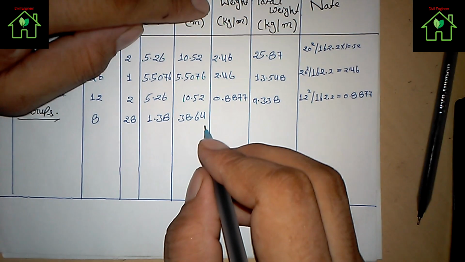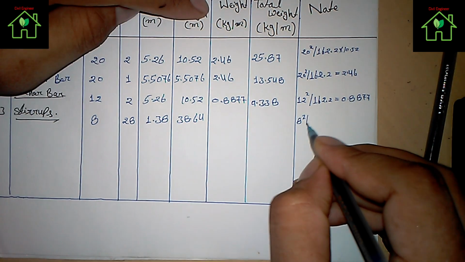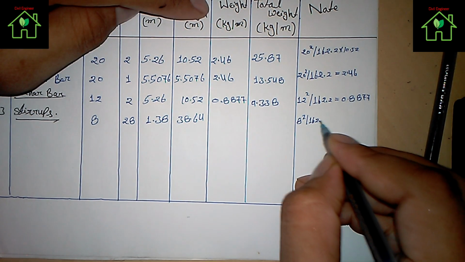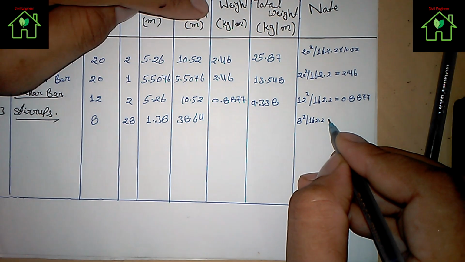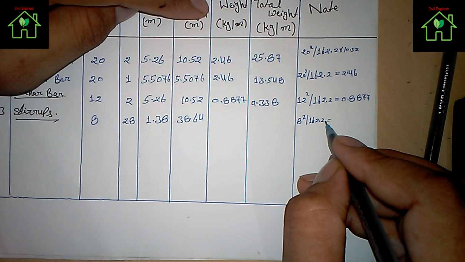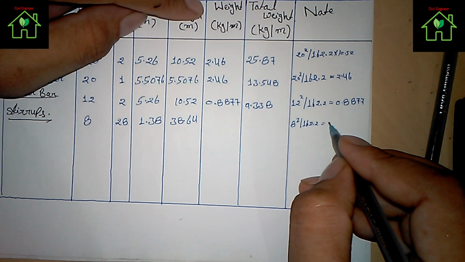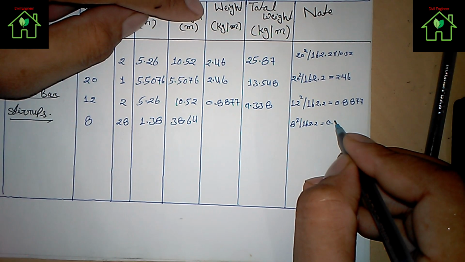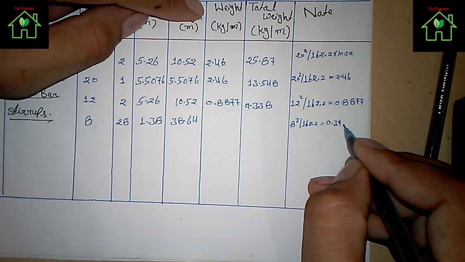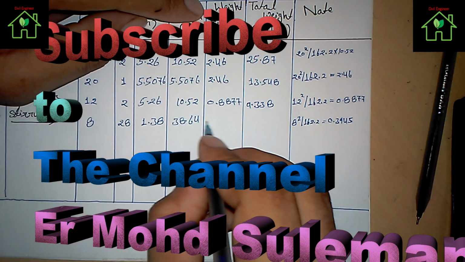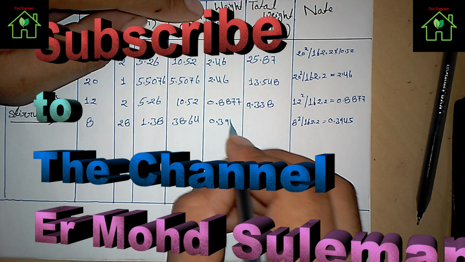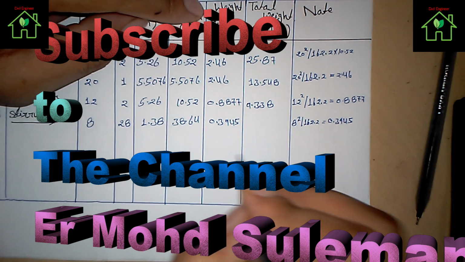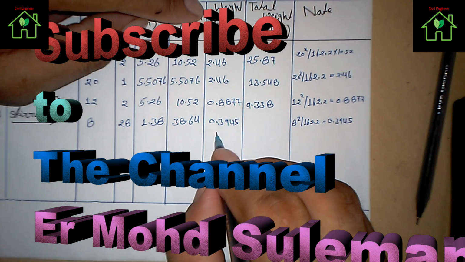What is the weight of stirrup? 8 square divided by 162.2, which gives 0.3945.